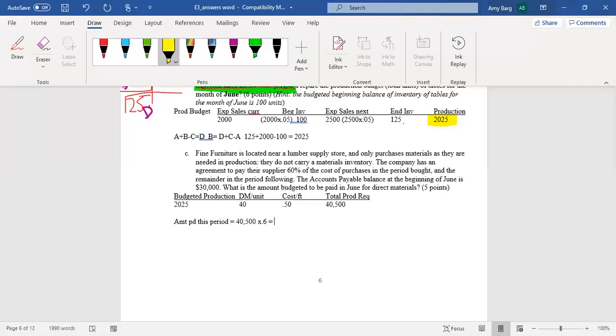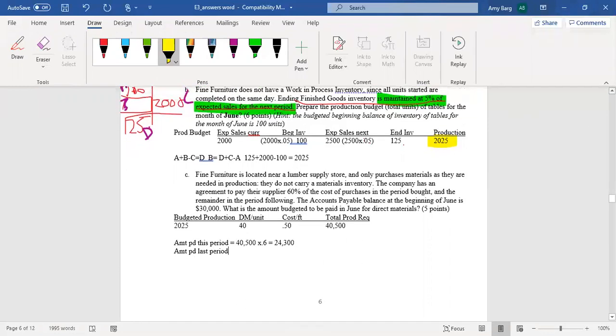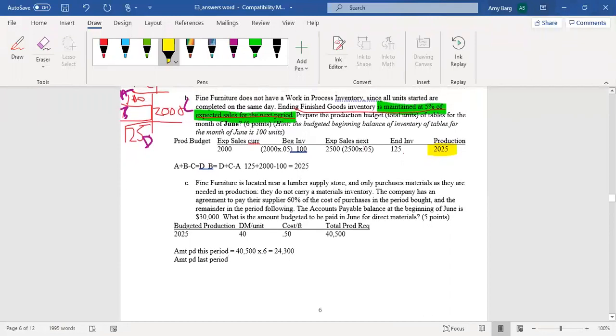So that is 24,300. And then the amount we have to pay from last period, they told us in the question, was 30,000. That was, oh no, it's down here. That's right there.